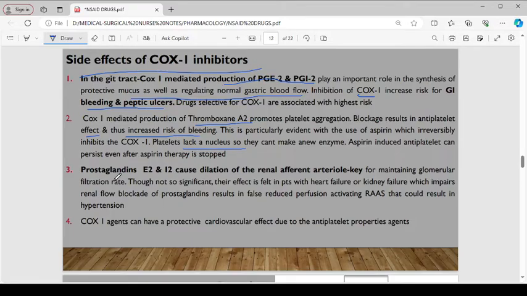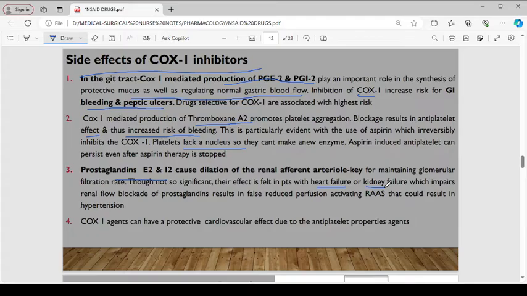Thirdly, prostaglandins E2 and I2 can cause dilation of the renal afferent arteriole, which is very key in maintaining glomerular filtration rate. Now, this may not be so significant, but their effect will be felt more in patients having conditions like heart failure or kidney failure, which has significantly impaired renal flow.